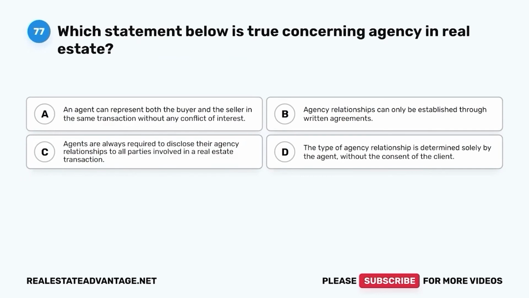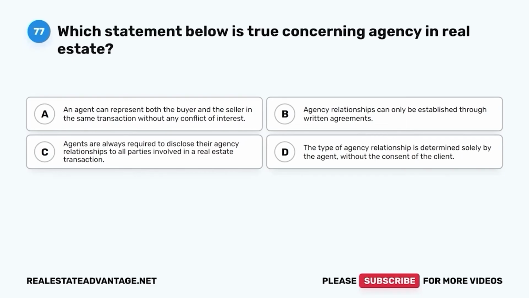Question 77. Which statement below is true concerning agency in real estate? A. An agent can represent both the buyer and the seller in the same transaction without any conflict of interest. B. Agency relationships can only be established through written agreements. C. Agents are always required to disclose their agency relationships to all parties involved in a real estate transaction.